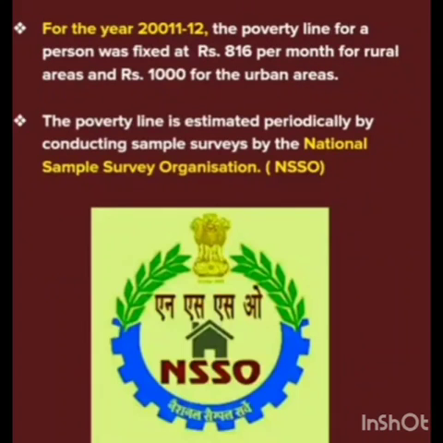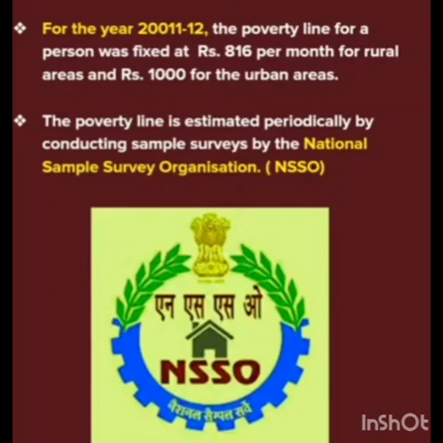Now, students, on the basis of these calculations, for the year 2011-2012, the poverty line for a person was fixed at rupees 816 per month for rural areas and rupees 1000 for urban areas.